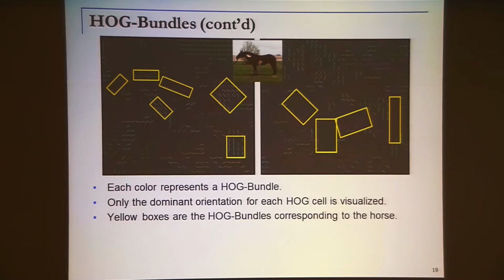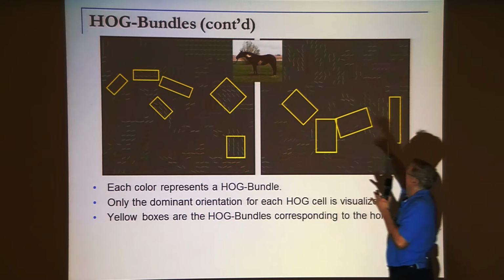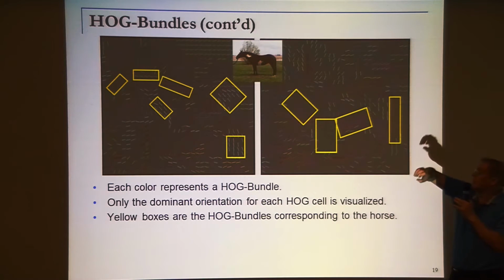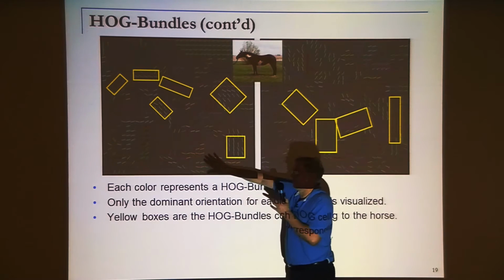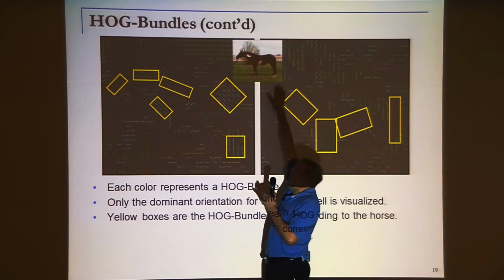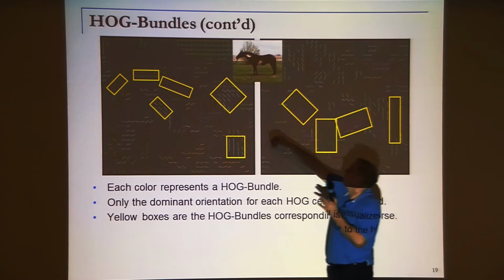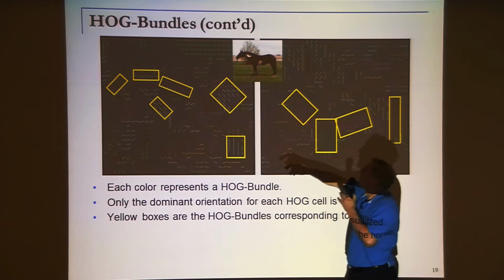The advantage of the HOG bundle thing was, if you took an image, and this is an image of a horse in the grass, and you computed first the HOGs and then the HOG bundles, you found that a lot of areas down here in the grass would correspond to just one rather big HOG bundle, because basically they're very similar. They've got certain intensity and texture properties of grass, and they're all the same, so their HOG bundle representations would be very similar.